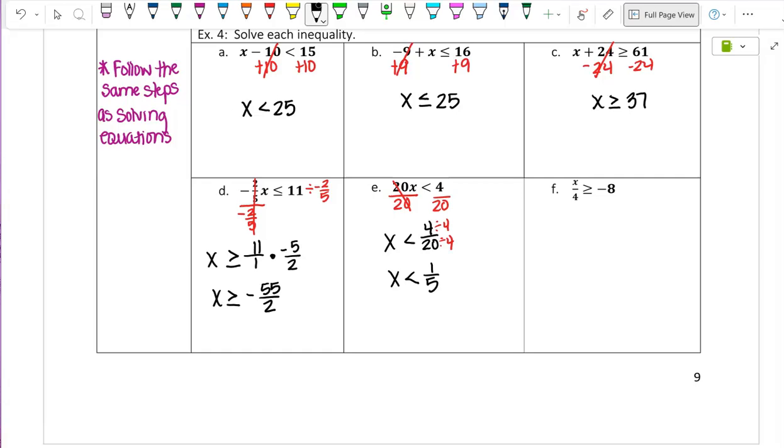And then problem F, x divided by 4 is greater than or equal to negative 8. So Maria, what do I need to do here to both sides of this inequality?